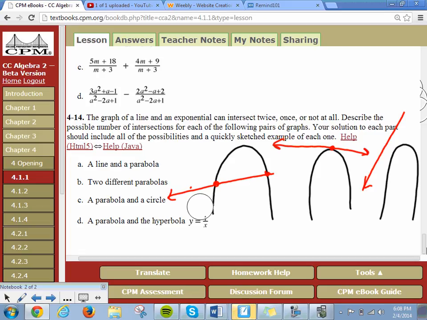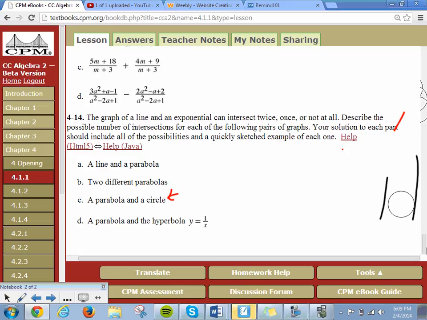But we've got two different parabolas. Where can they intersect? Once, twice, or not at all. So we've got our parabolas. We want them to intersect once. That means, again, they're going to be tangent to one another.